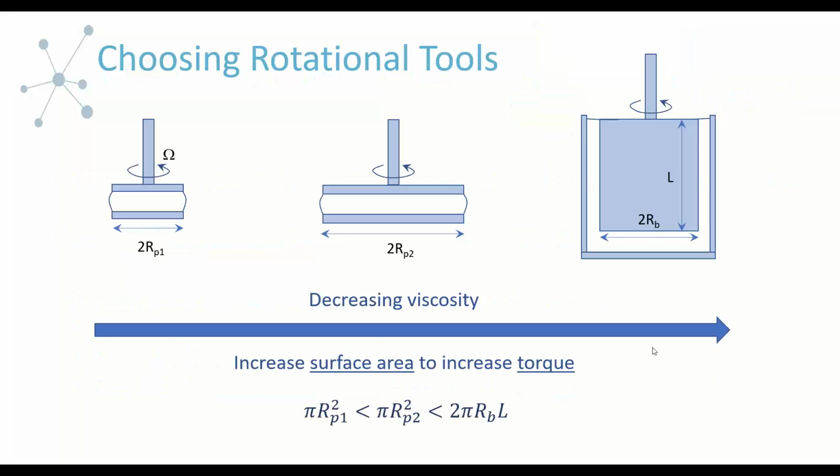Okay, so what do you want to think about when you're choosing the tools for the rotational rheometer? Well, we already highlighted that one of the important things about the rotational instruments is the torque. I'll make another analogy between rotational instruments and our microfluidic instrumentation. As Zach had explained, for each of our flow channels, there's an operational window for the pressure.